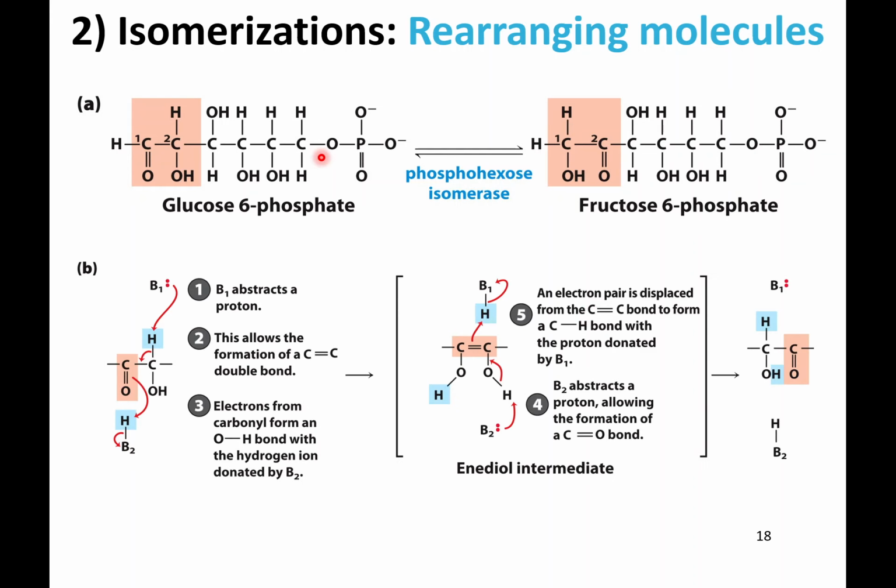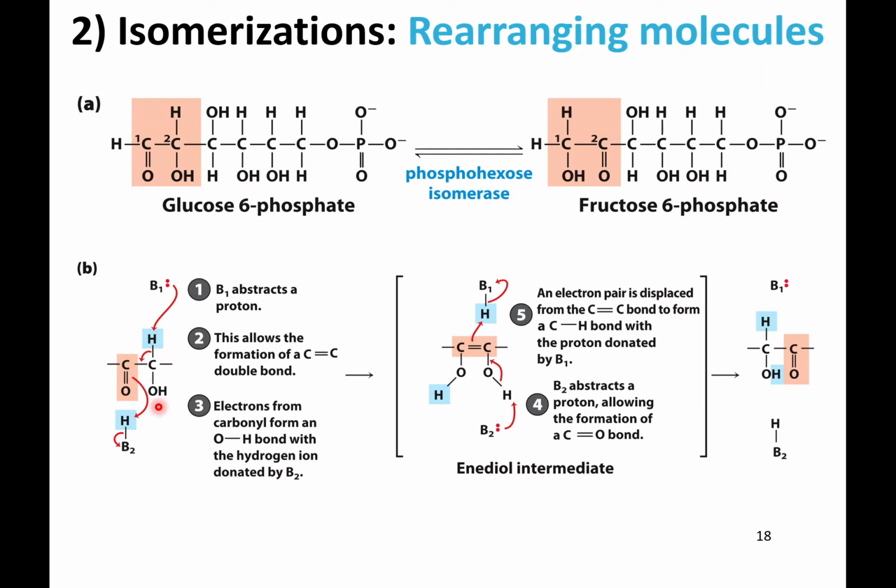The mechanism for how this occurs is shown here. We'll probably get more into this in chapter 14. It's not as important to know this right now, but a particular amino acid side chain in this enzyme, phosphohexose isomerase, is going to abstract a proton.